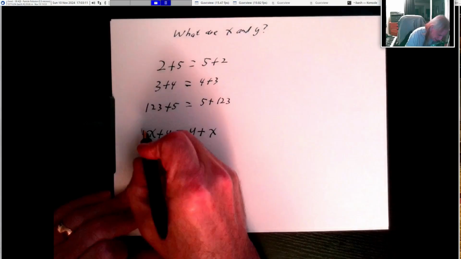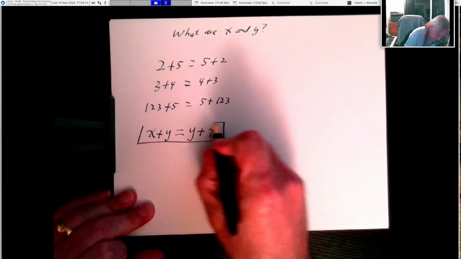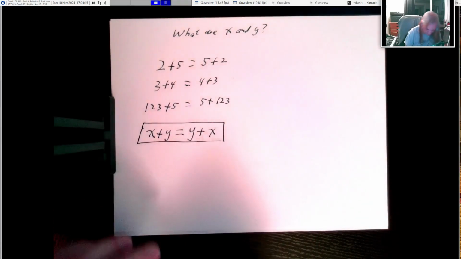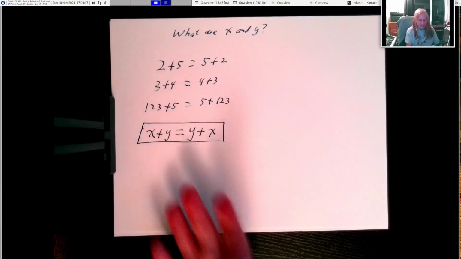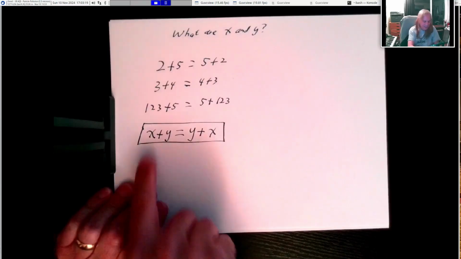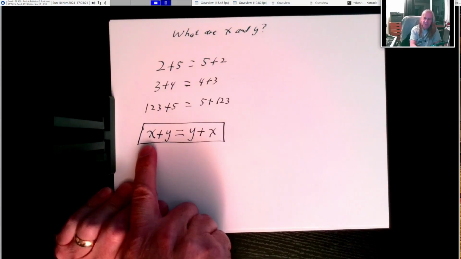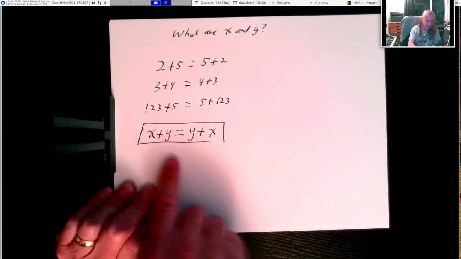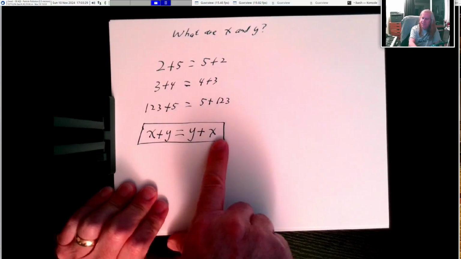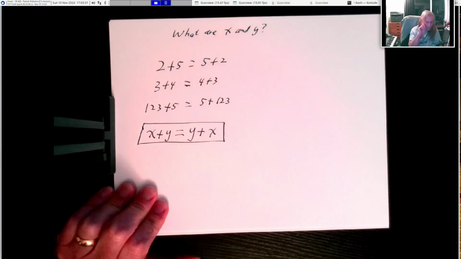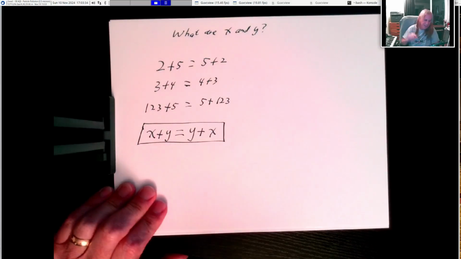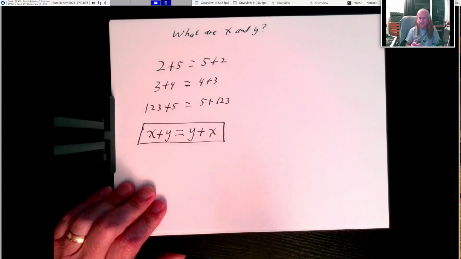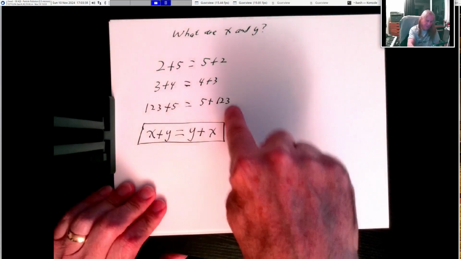So this is a second algebraic equation. And literally all this is saying is, hey, if I pick any value, let me think of it as x, and any other value y, and I add them together, I get the same sum as if I take that second number and then I add that first number. But again, this is a generalization or an abstraction of these particular examples.